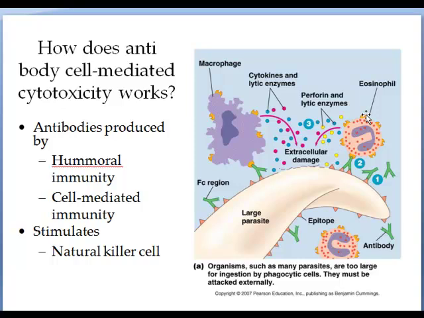It activates the eosinophil, which is like the mast cells, and that releases perforin and lytic enzymes, and these cells are then damaged by the macrophages that are coming and attaching to them. So this is an organism such as a parasite that is too large for ingestion by the phagocytotic cell, and it must be attacked externally, and that is by the antibodies that it produces.